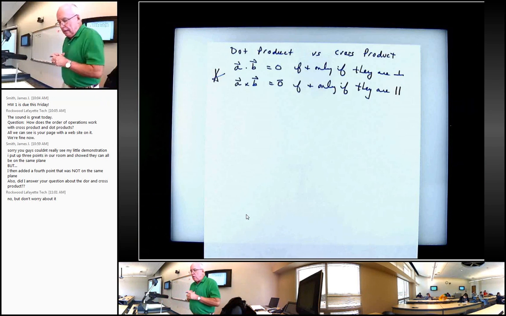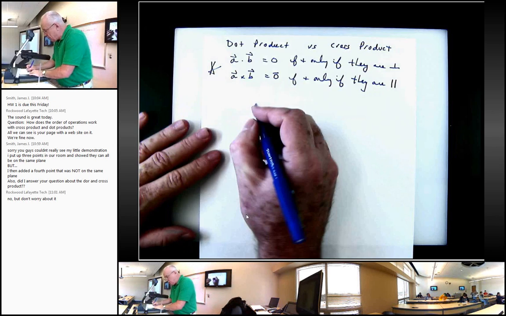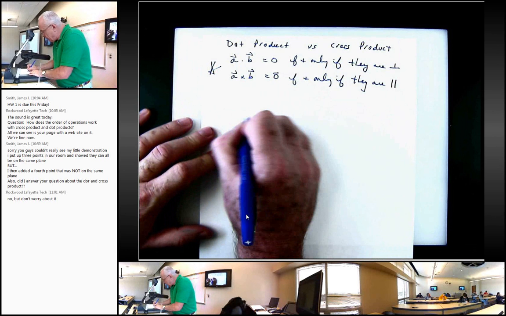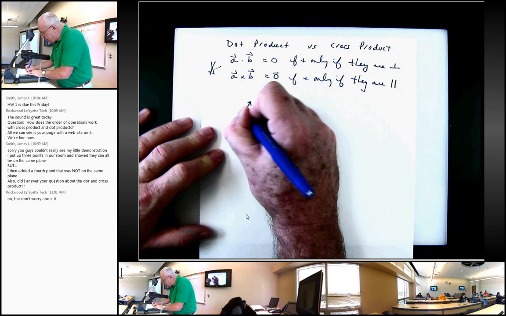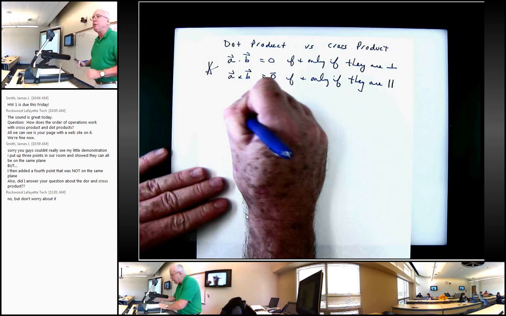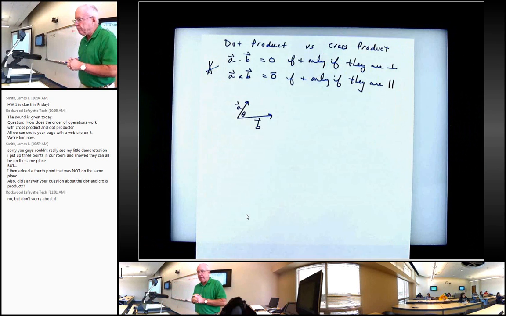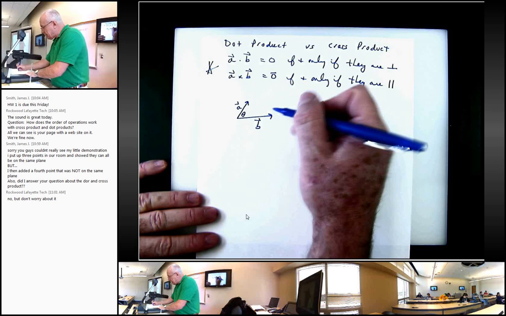Now, we're continuing here with some geometric stuff. Let's say we have a vector B, and let's have another vector A, like this, and an angle between the two of them. We'll call it theta. Now let's complete this as a parallelogram.